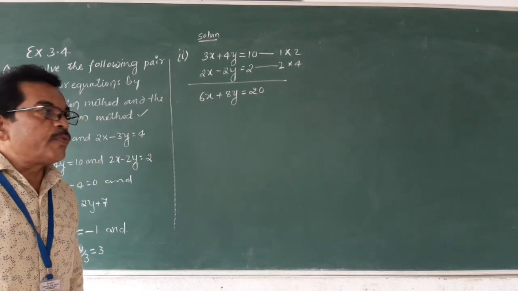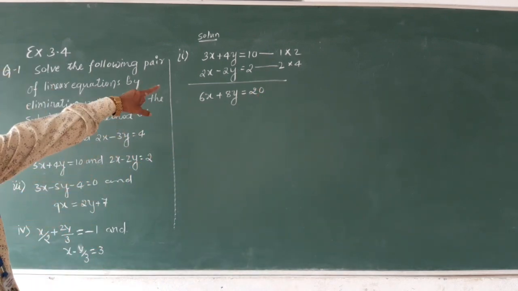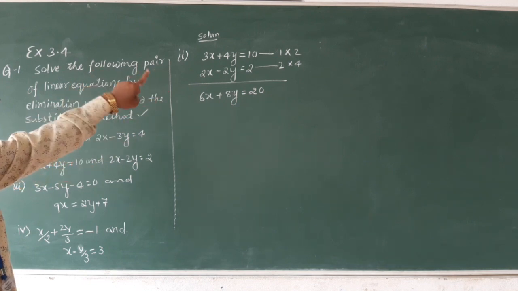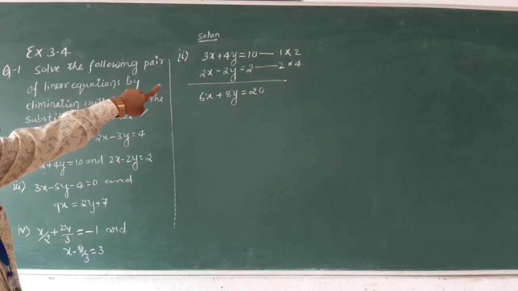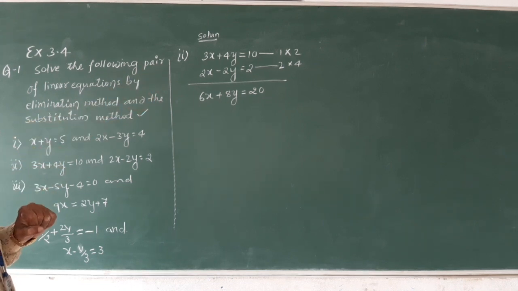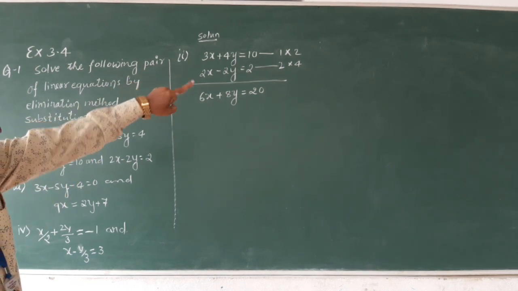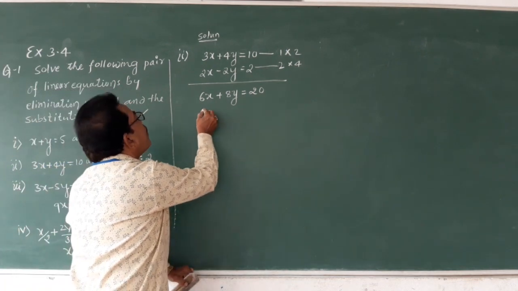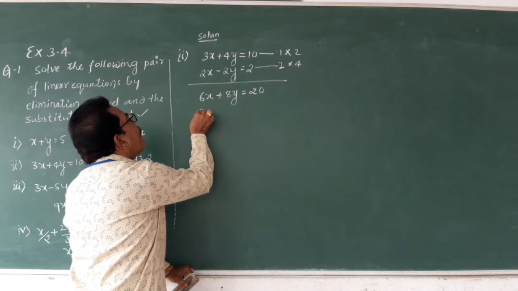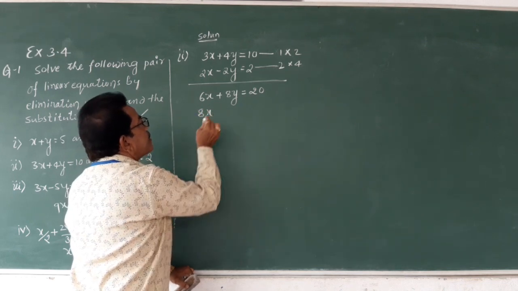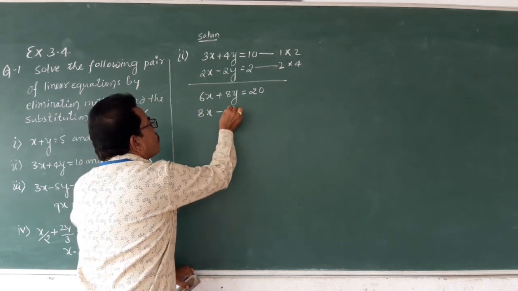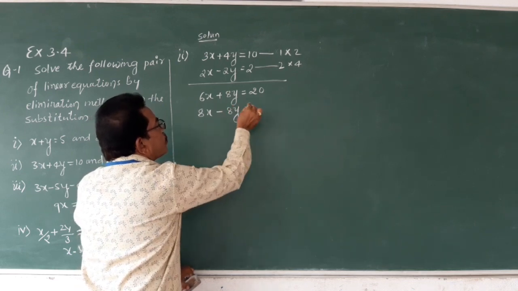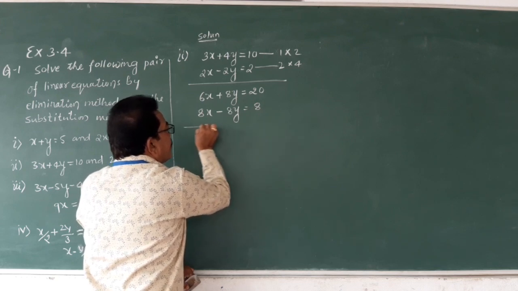See what we did? We have equated the coefficient of variable y. So by multiplying the second by 4, then 4 2s are 8x minus 4 2s are 8y equals to 4 2s are 8.